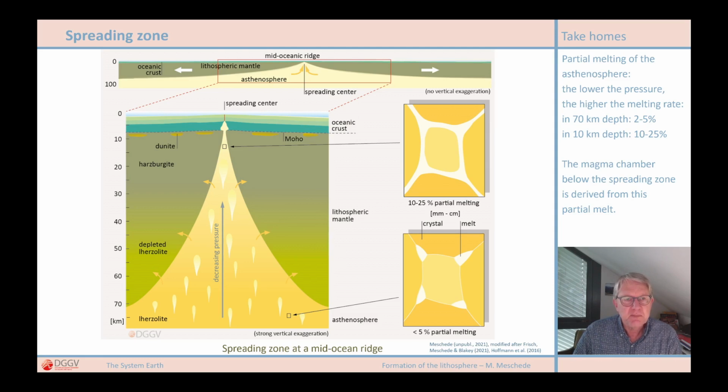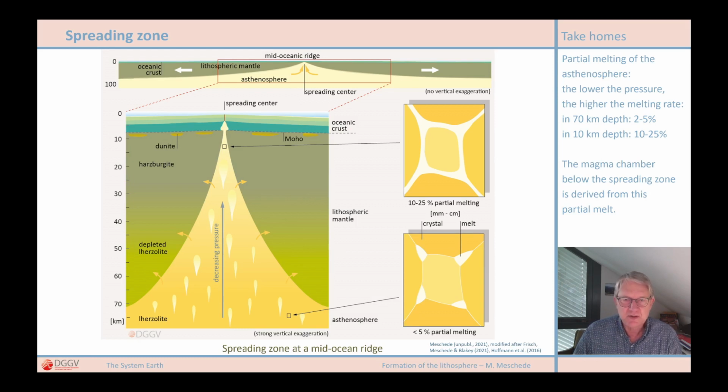The lithospheric mantle is composed of exactly the same material as the asthenosphere. The only difference is partial melting of the asthenosphere, which then makes it flowable. The two small illustrations on the right show how you can imagine partial melting.